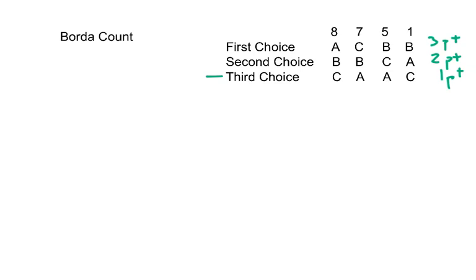Let's take a look at how many points each candidate has received. So starting with candidate A, we can see that they have first place votes from 8 people. So that'll be 8 people giving them 3 points for each vote. And then candidate A has 7 third place votes. So that's 7 votes at 1 point each. And then they have 5 third place votes.